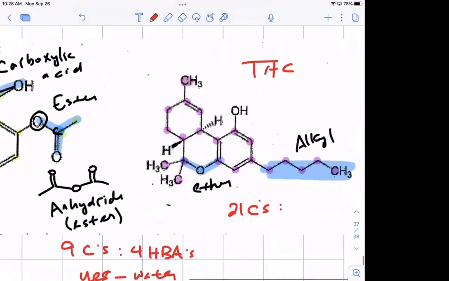And then how many hydrogen bonding atoms do we have? We got an oxygen right here. Let me use a different color. An oxygen here and an oxygen here. Is that right? Any other hydrogen bonding atoms present? Remember, that's nitrogen, oxygen, or fluorine.